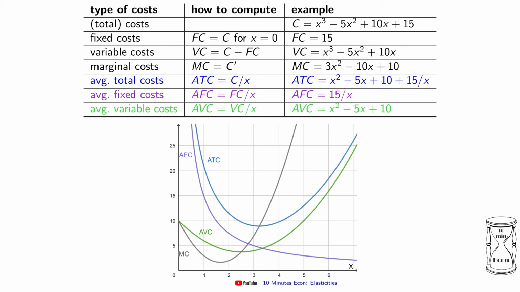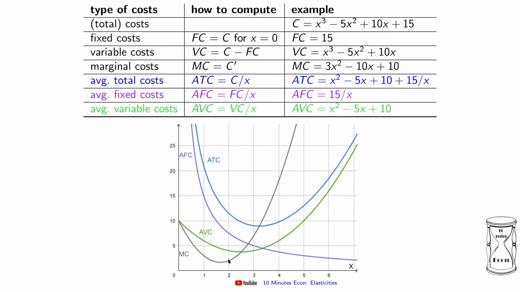So the next unit that you produce is costing you 2. But the average cost of all units that you already have produced before is like 12. So far your average costs are 12, but the next unit only costs you 2. That means your average cost, if you continue producing more, will decline because the next units cost you less than the average cost of your production so far.